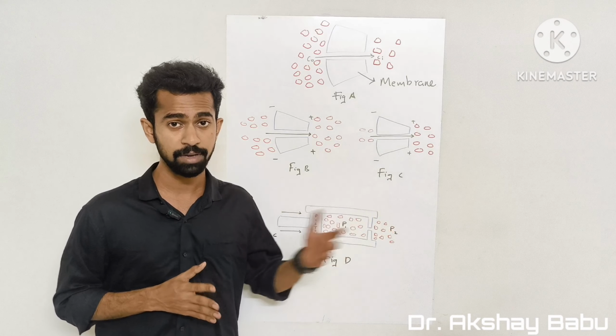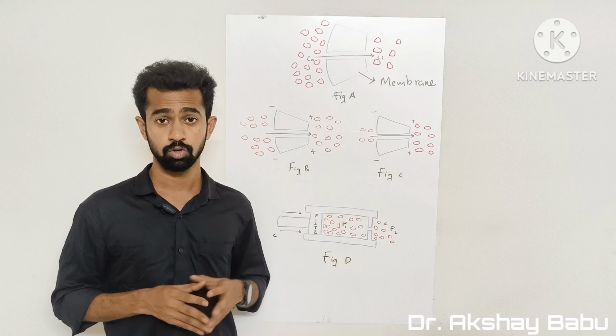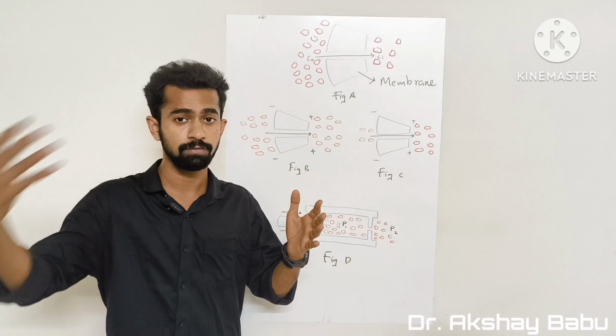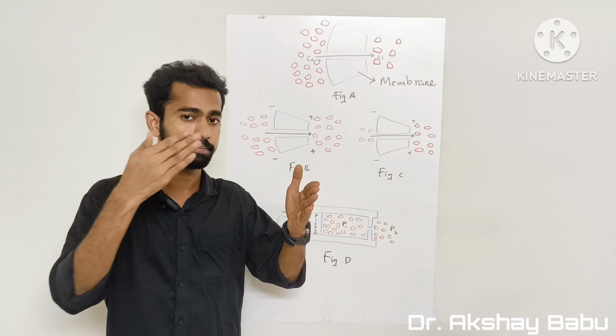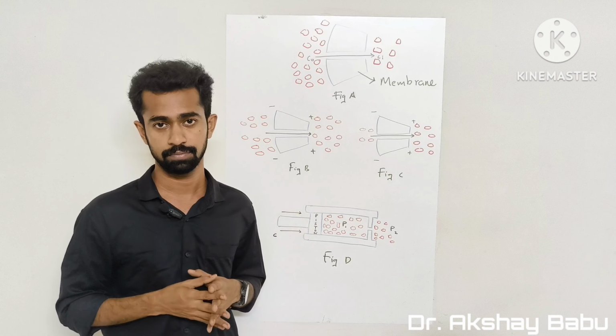So next, coming to the effect of pressure difference across the membrane. Pressure means the sum total of all forces of different molecules striking a particular surface at a given instant of time.